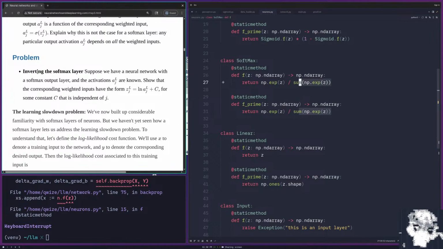Inverting the softmax layer. Suppose we have a neural network with a softmax output layer, and the activations AJ are known.